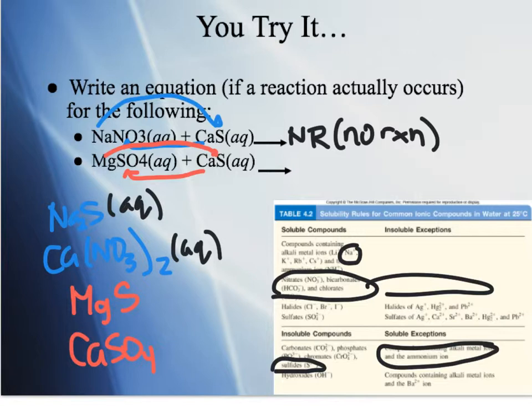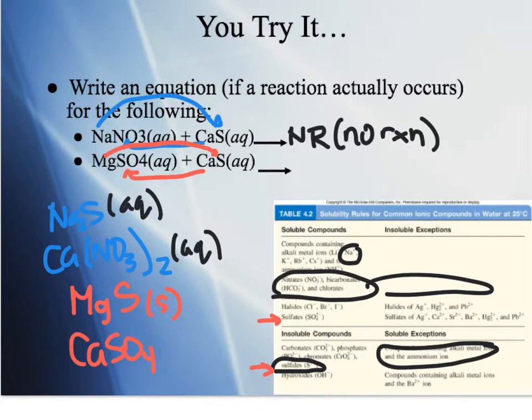All right, let's take a look. MgS. Sulfides are going to be insoluble, okay, unless they're with the alkali metals. Well, magnesium is an alkaline earth metal, so that means that this guy is going to be a solid, because those sulfides are usually insoluble. Now, calcium sulfate, okay, sulfates are usually soluble, meaning they're able to dissolve in water.